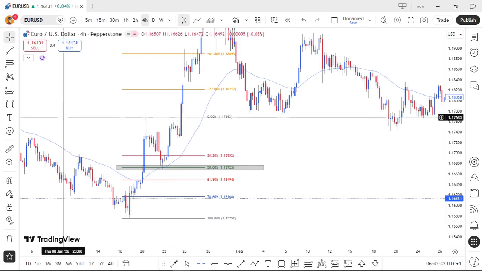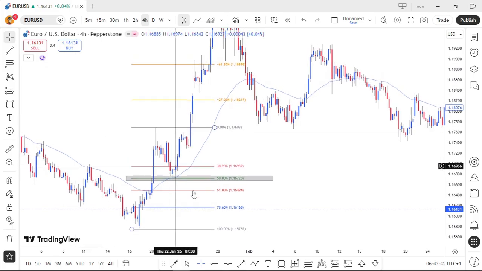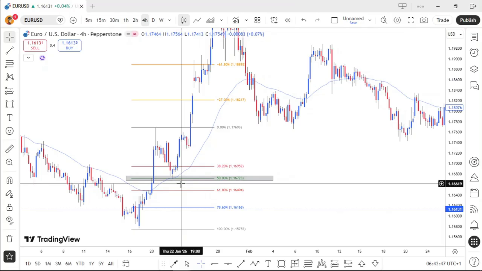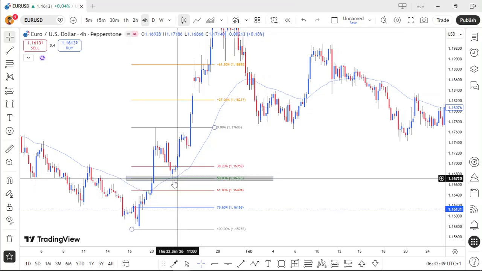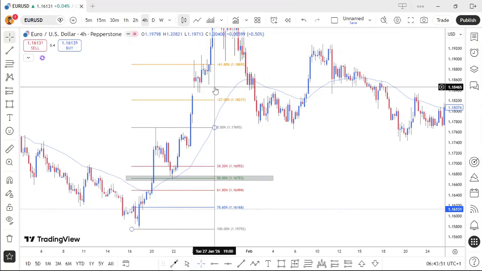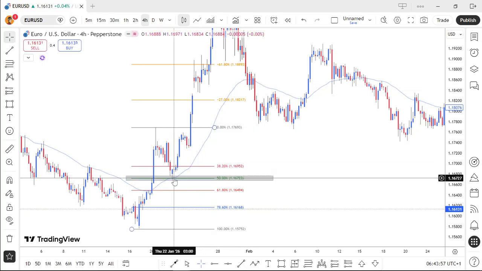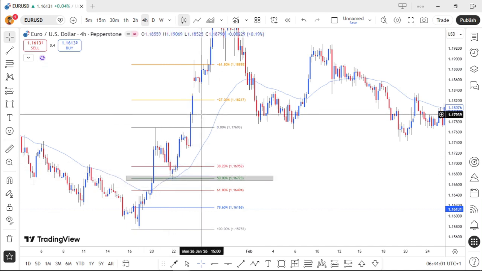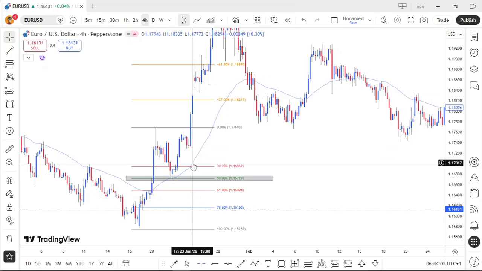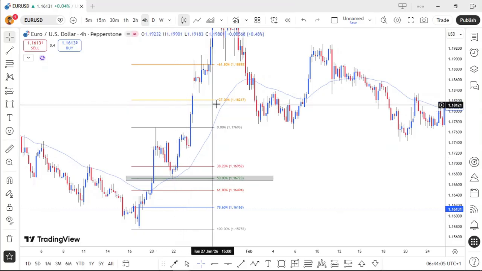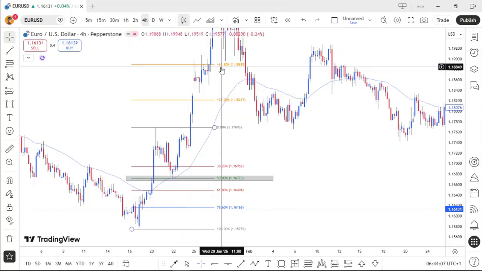Whenever price creates a rejection candle on any of the levels, the market is telling you that it wants to resume the original movement. And the Fibonacci will show you your potential take profit level, which is the 27.0 or the 61.8.